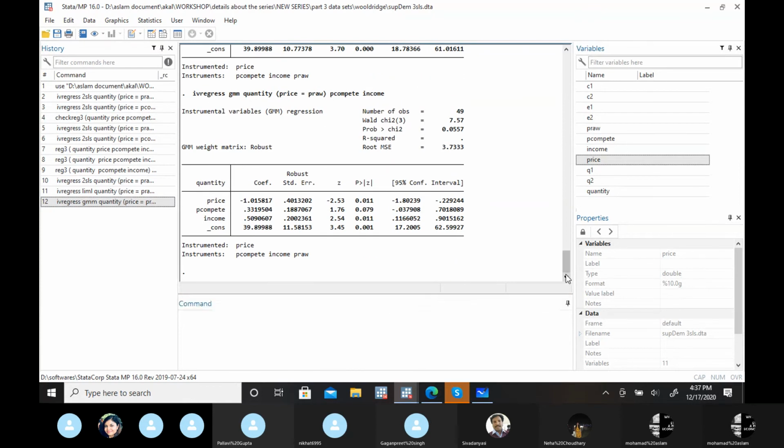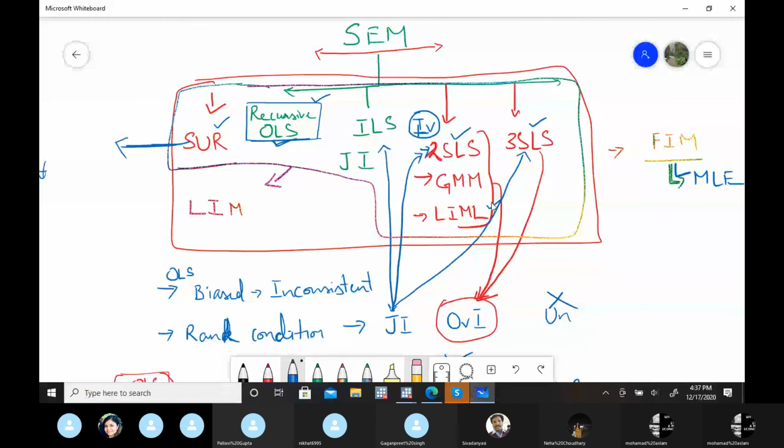So these are the models you have. I suggest you go only till 2SLS unless it's necessary to apply 3SLS. If there is some normality issue in your model, then only go with this LIML method.